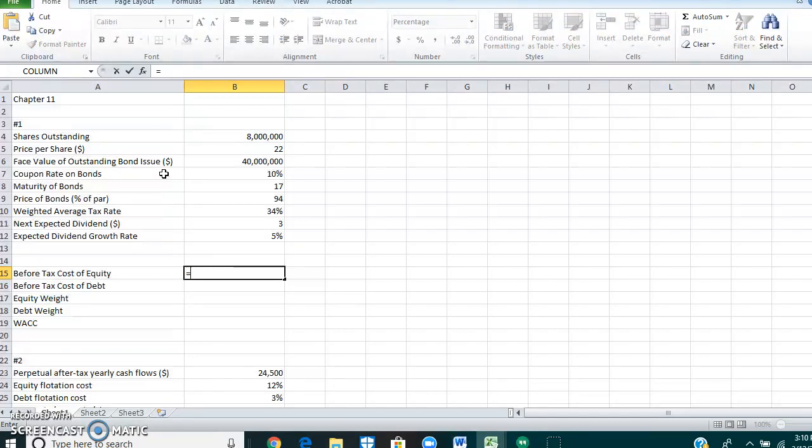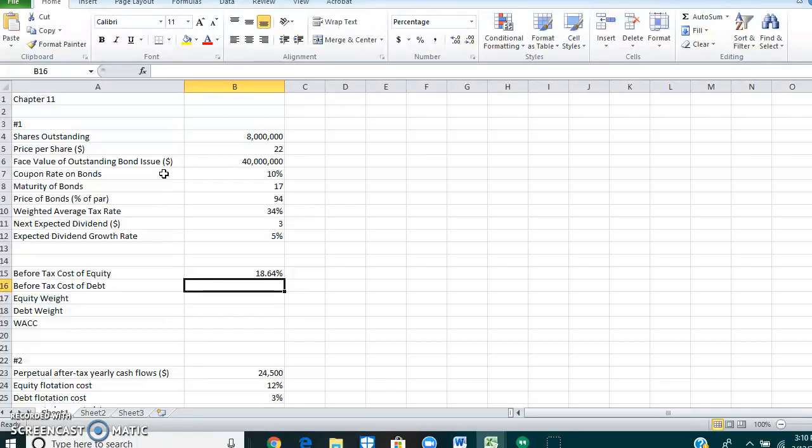And our next expected dividend is B11 for me, divided by price per share, which is B5, plus the expected dividend growth rate, which is B12. Hit enter. The before tax cost of equity is 18.64%.